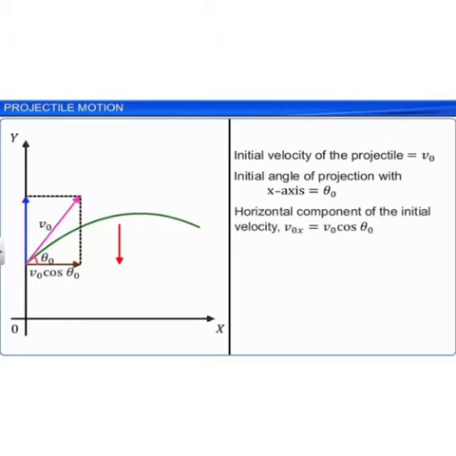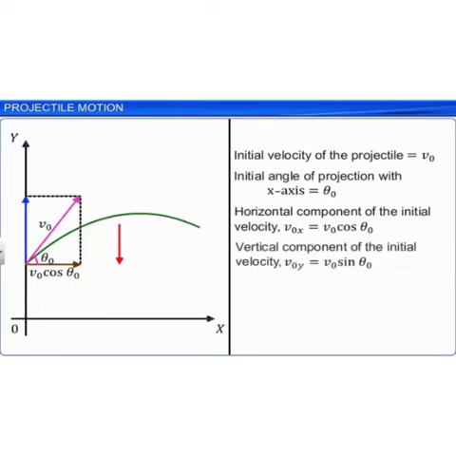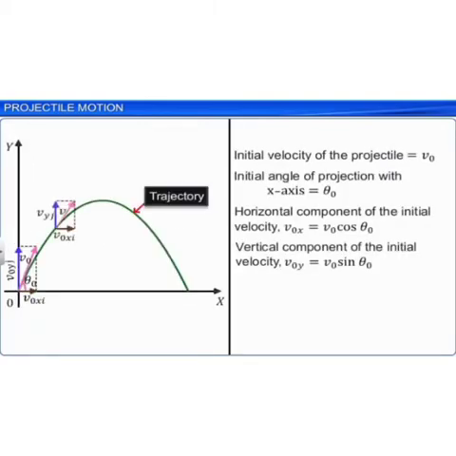This horizontal component remains constant throughout the flight, as the acceleration in the x direction is 0 and air resistance is negligible. The vertical component of the initial velocity, v0y, is equal to v0 sin theta 0. This vertical component keeps on changing with the position and elapsed time of the projectile, as the vertical motion has an acceleration equal to the acceleration due to gravity.